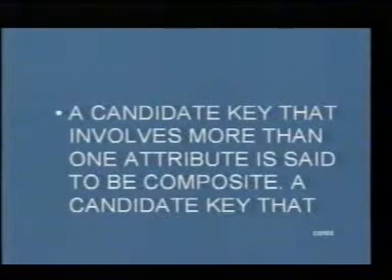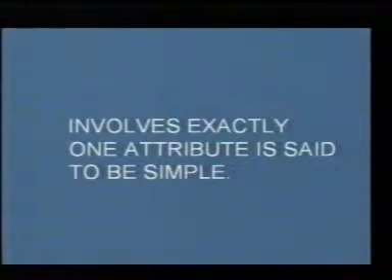A candidate key that involves more than one attribute is said to be composite. A candidate key that involves exactly one attribute is said to be simple. That means where you get only one attribute as a candidate key, we can say the candidate key is a simple candidate key, and wherever you get a combination of attributes as a candidate key, we can say the candidate key is a composite candidate key.